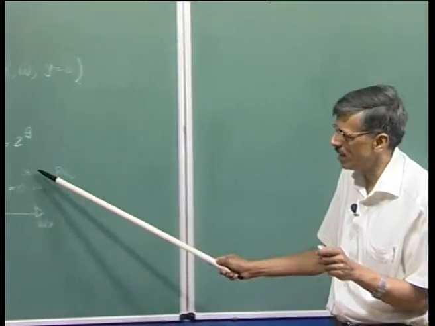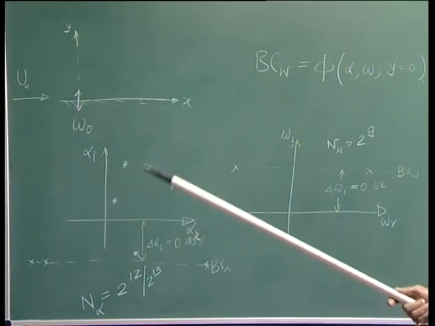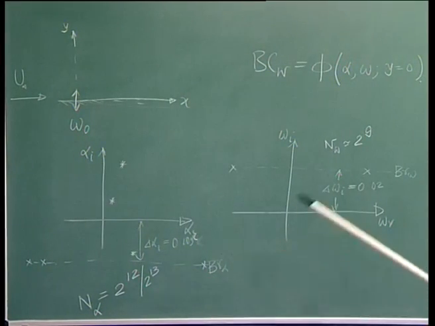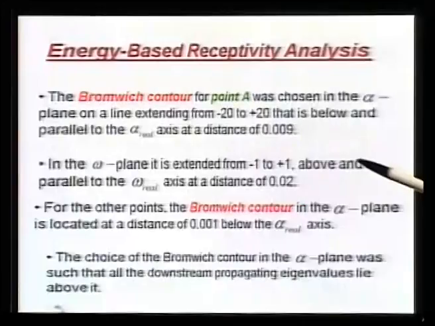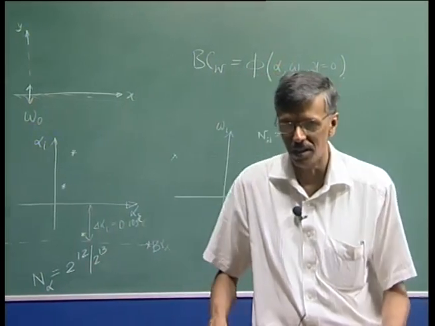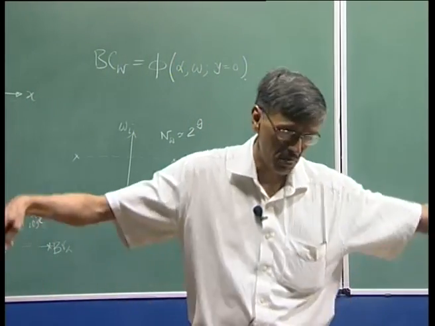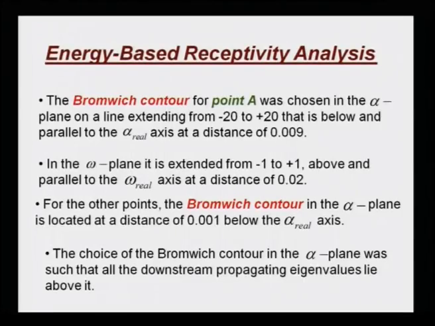That means the simulation is valid only for a short time, and we wanted accuracy. That's why we have been forced to take it from minus 1 to plus 1. It's not that we like to take minus 1 to plus 1. One would like to take it maybe from minus 20 to plus 20 in the omega plane.